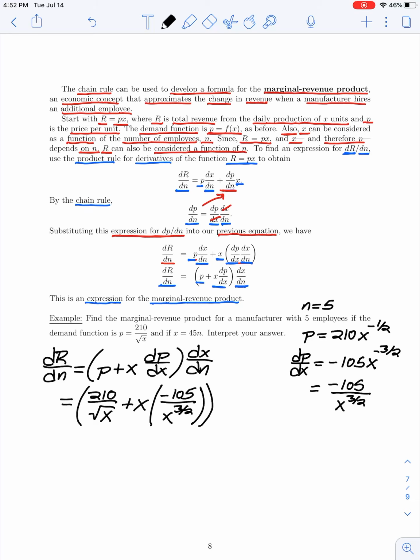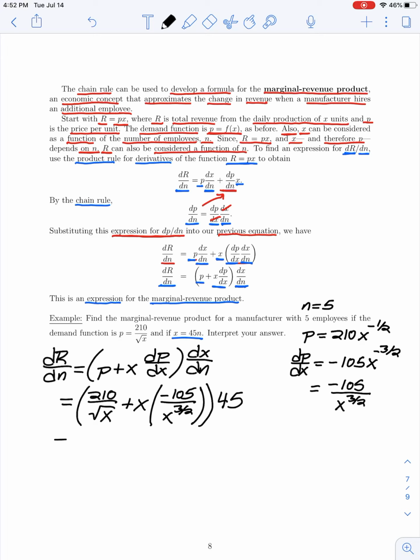And then on the end, we're multiplying by the derivative of x with respect to n. So here, x in terms of n was 45 times n. So taking that derivative, we just have 45.